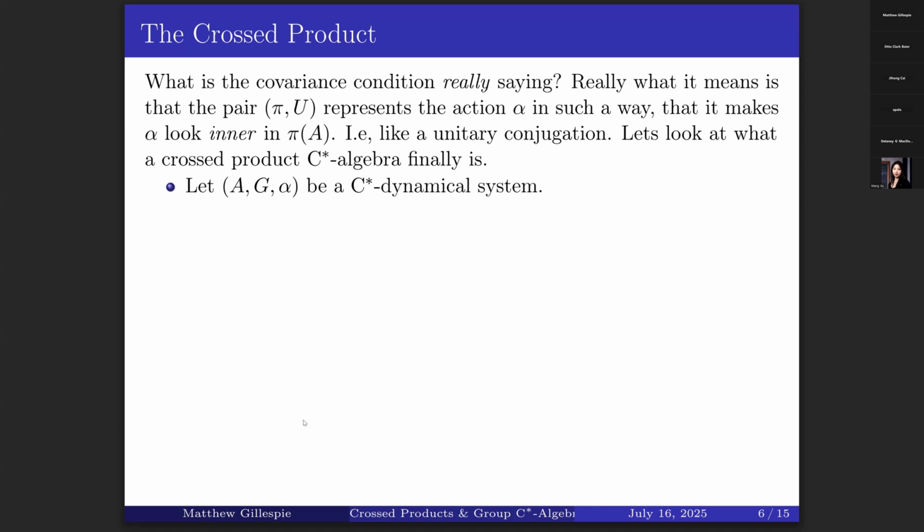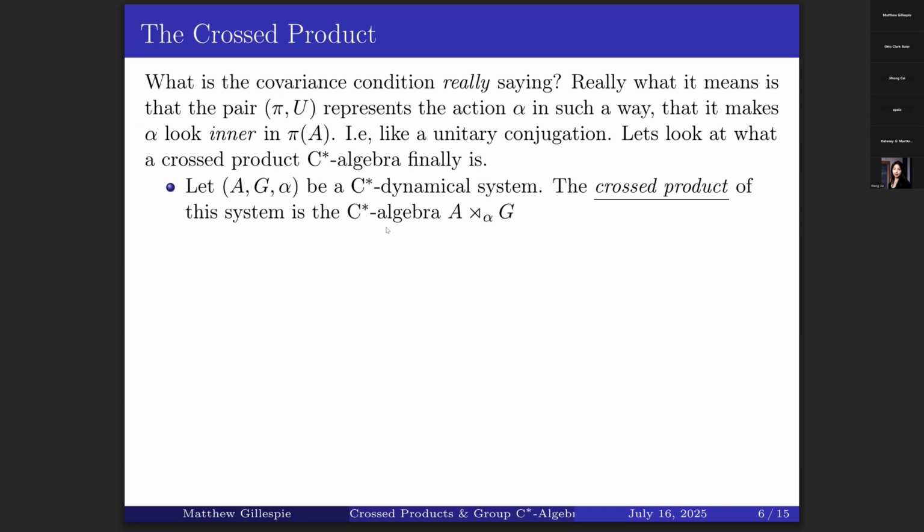The full cross product has a very nice universal property. So what is it? Well, the cross product of this system is a C-star algebra, which we're going to denote by A cross G, or A cross alpha G if you need to specify the action alpha.